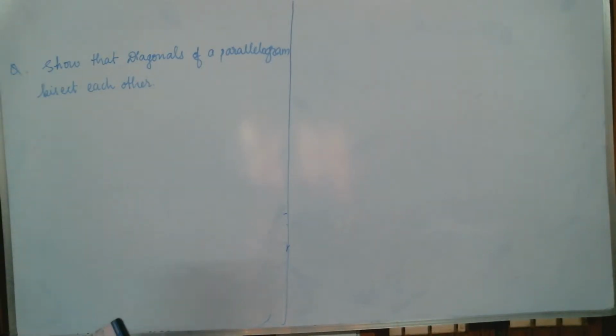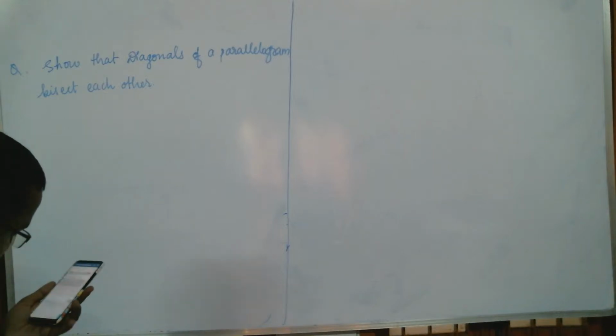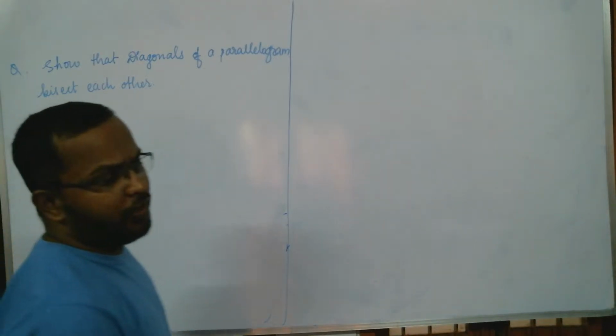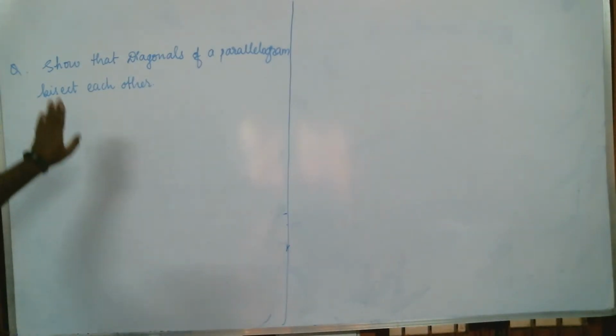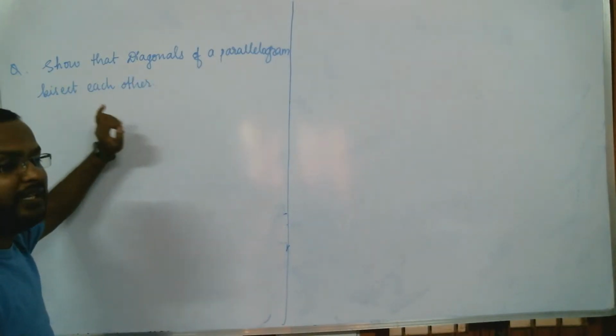So this is a question. Show that the diagonals of a parallelogram bisect each other. I think all of you understood what question they are asking here. We have to show that the diagonals of a parallelogram bisect each other.